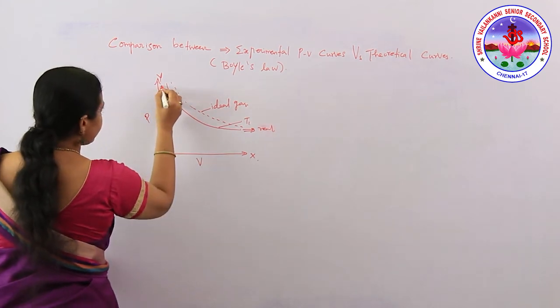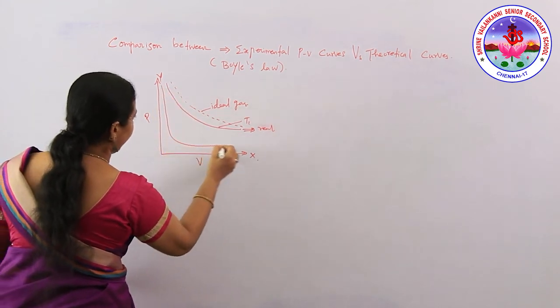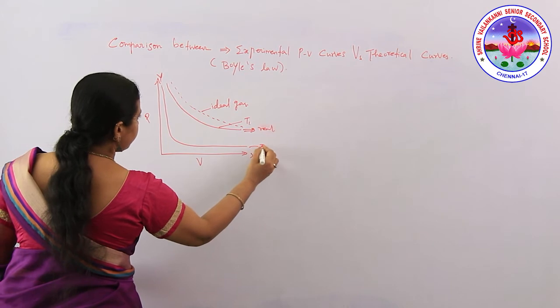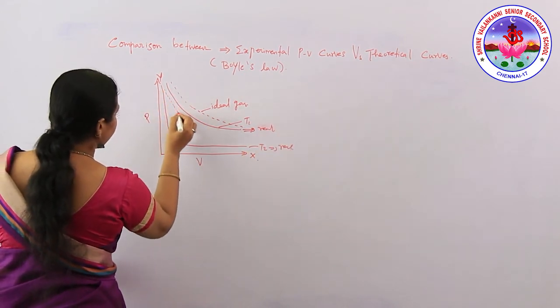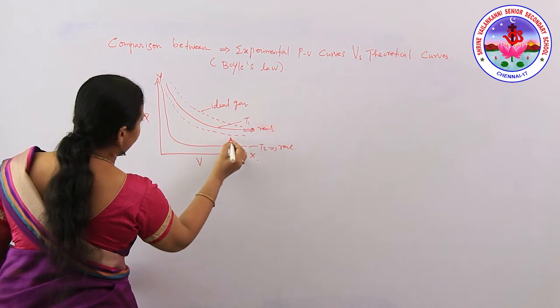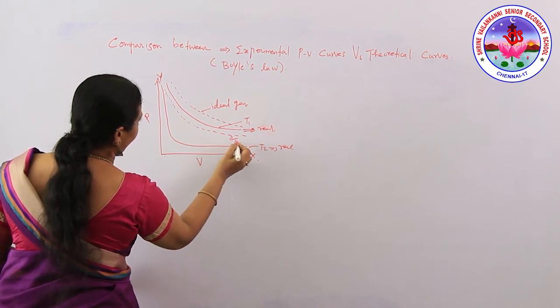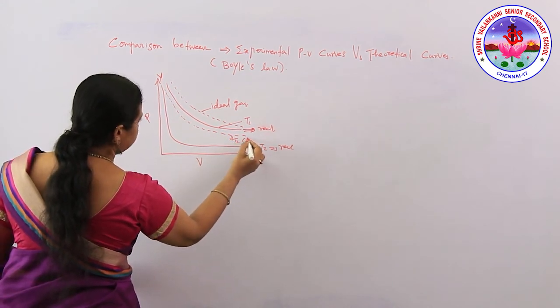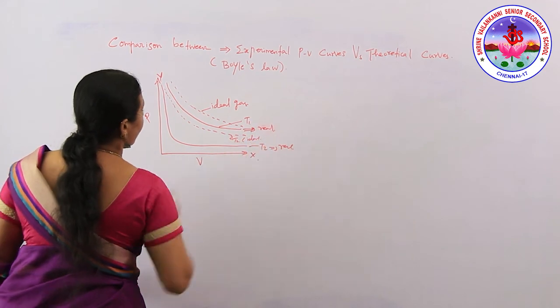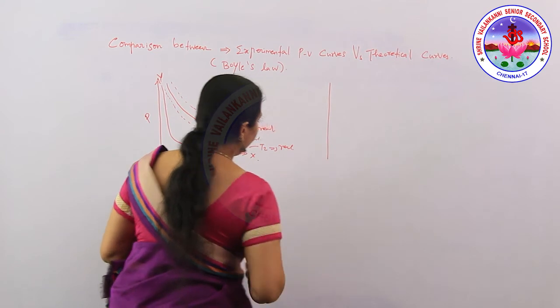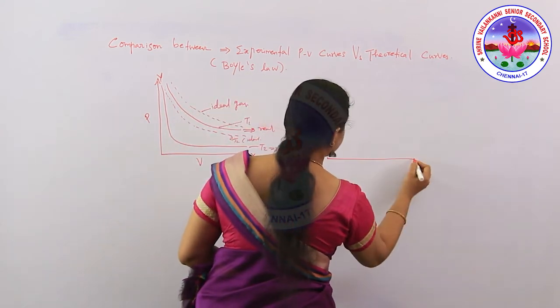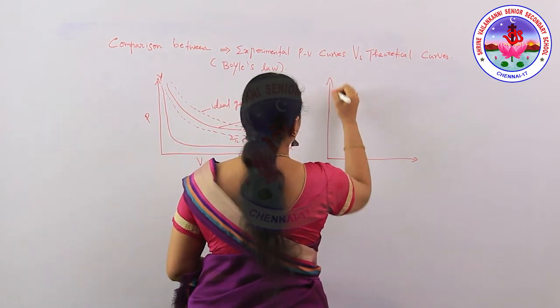And for temperature T2 I have taken it this way for the real gas, and it varies from the real gas. You will know this through the graphical representation. Also we will do it for TV, that is temperature versus volume.